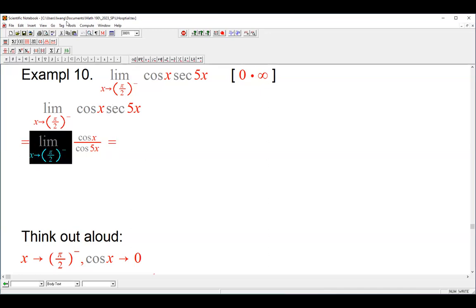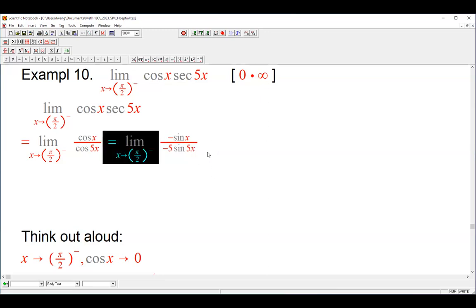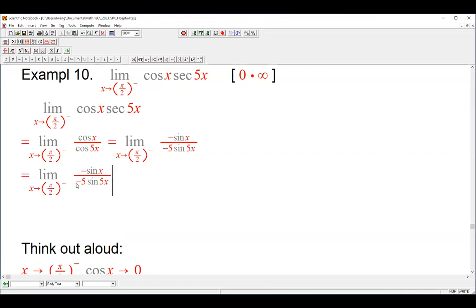L'Hopital rule. When we apply L'Hopital rule, we're going to take a derivative. The derivative of cosine x is negative sine x. The derivative of cosine 5x is negative sine 5x multiply 5. And we reduce it. The negative takes away the negative, reduced.